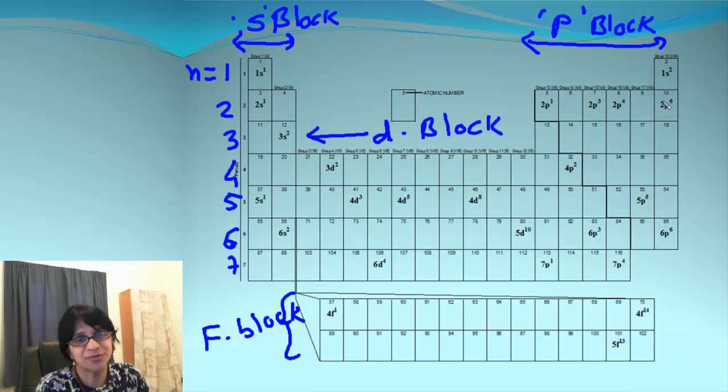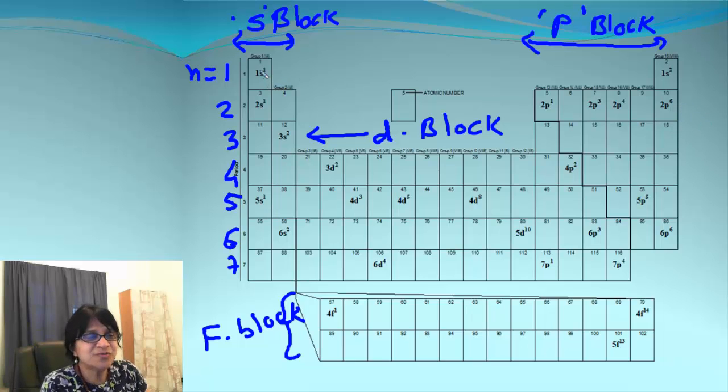There are some more rules, of course. As we move across from left to right, we add an extra electron. And also for S and P, we are going to keep the same number for n. But for D and F it is going to be different.